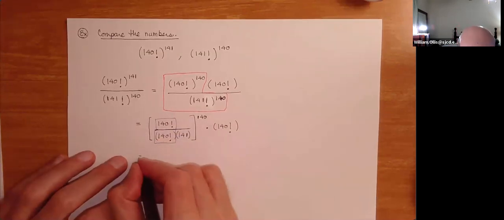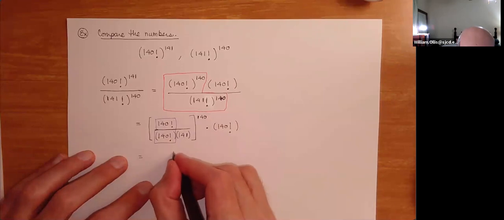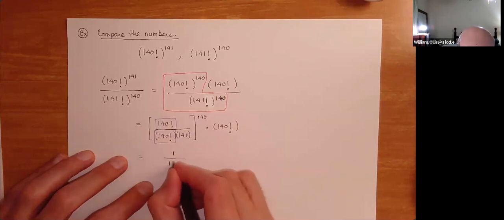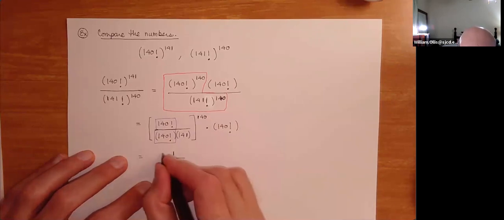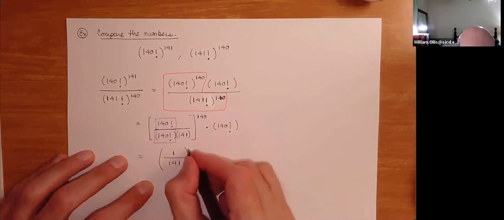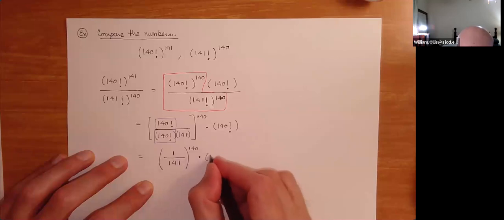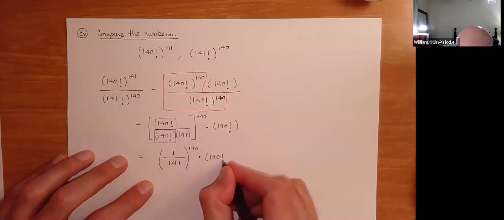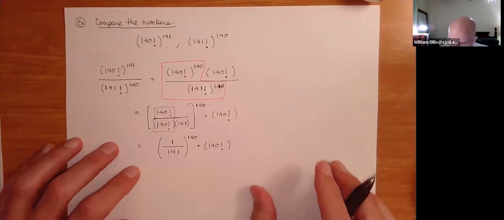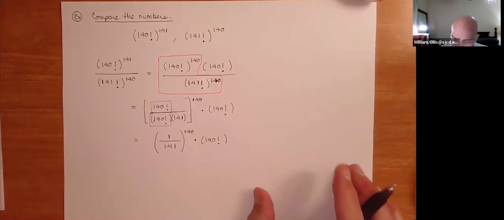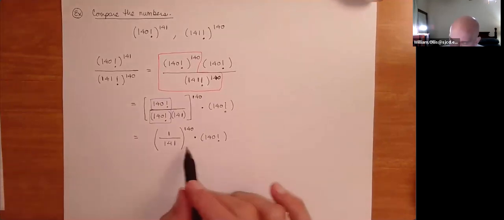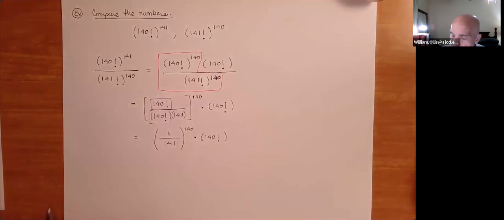So now we have what? 1 divided by 141 to the 140th times 140 factorial. Now, here's the interesting thing about this. This tells us the answer right here. Let me tell you why.